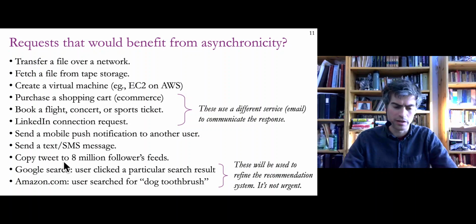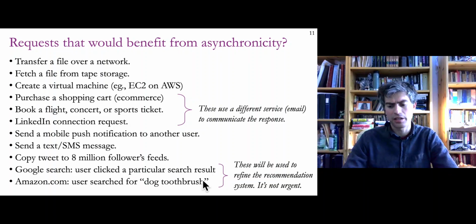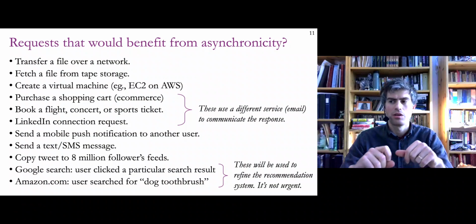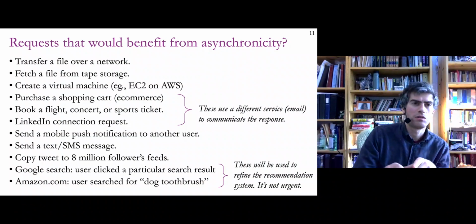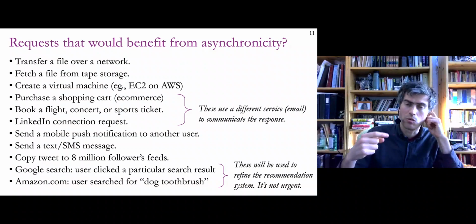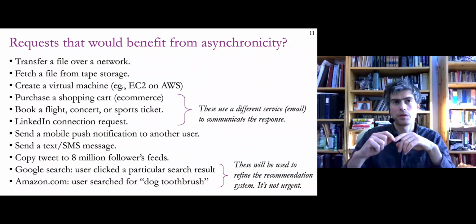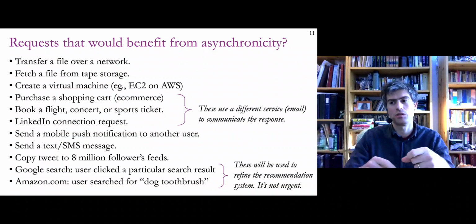And we'll see later on that creating a tweet, if you have a lot of followers, is something that would take a long time and therefore should be asynchronous. The final examples here are for gathering analytics that aren't needed immediately. For example, if you're using Google search and you clicked a certain result, the fact that you clicked result number 3 is information that Google would want to refine their model for what the best results are, and also to learn more about your personality.